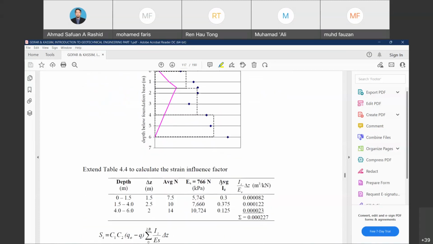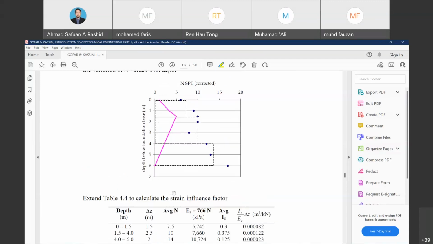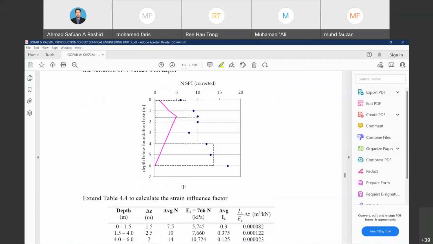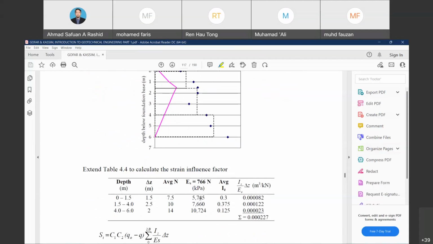So we can see that there are 3 groups of data. The first has 1.5 meter change of elevation. The average N is 7.5, which is 6 plus 9 divided by 2, then multiply with 766 to get 5,745.